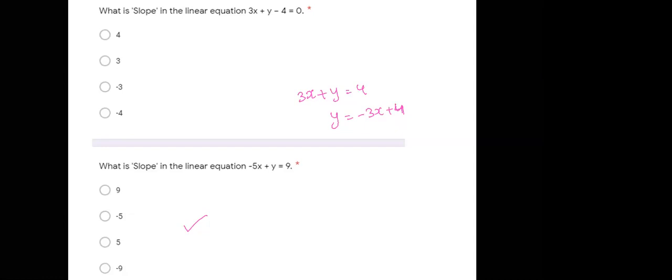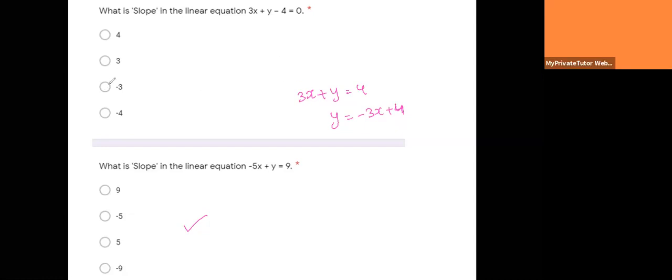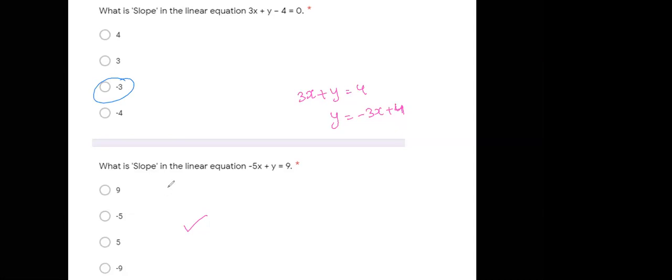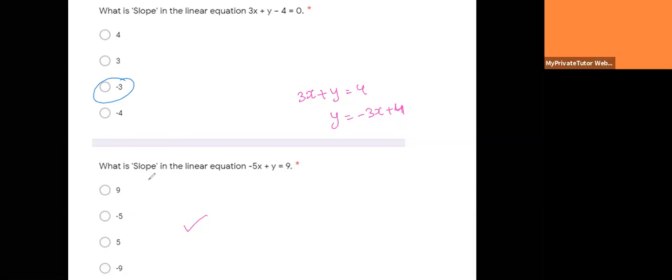Minus 3. Yeah, minus 3. I hope you calculated that. And what about the last one, guys? What is the slope of this linear equation? Yeah, because the plus 5 goes to the other side. So minus 5 goes to the other side, it becomes a plus.